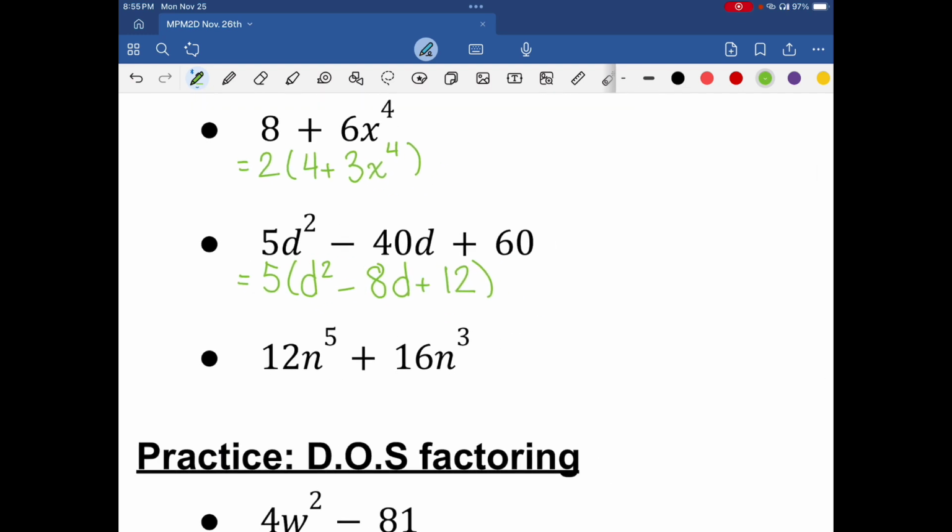And then actually here, we can continue factoring because this is a simple trinomial. And the last one, GCF.